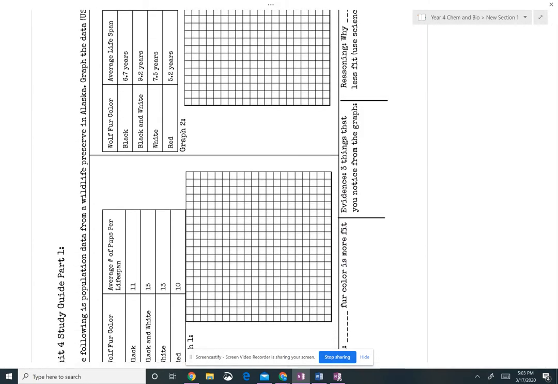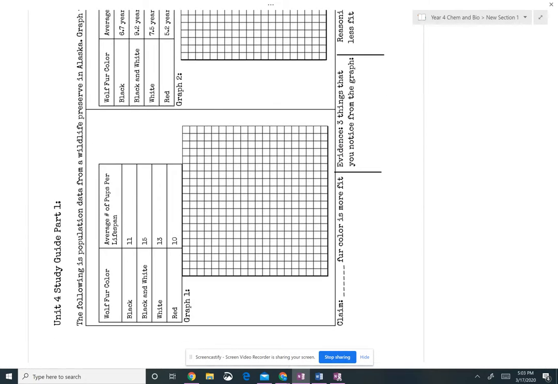Okay. Then these ones, this is a graph and then a CER, so I'm going to quickly go over the graph. All of these should be a bar graph, and we're going to make sure that we check off everything in TOPS, which is title, axis, label, key, and scale. We don't have to worry too much about scale for this one, but we will make sure we get the other ones.